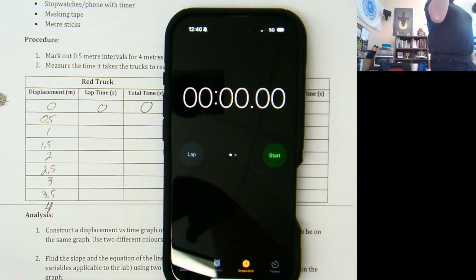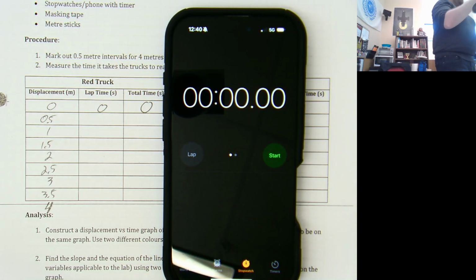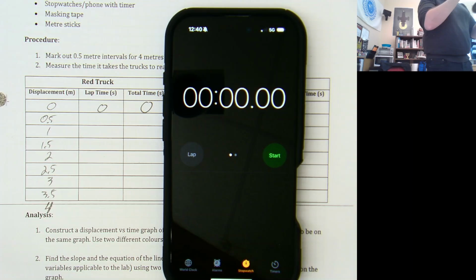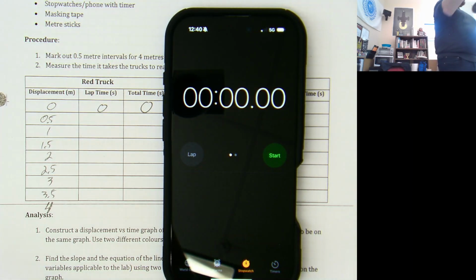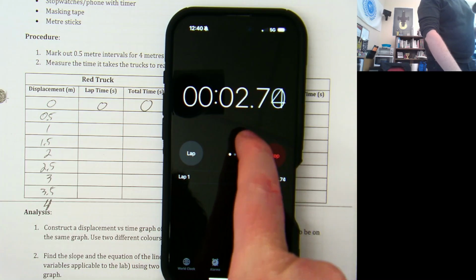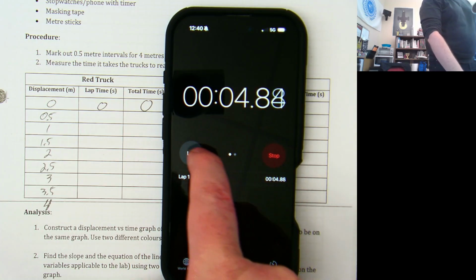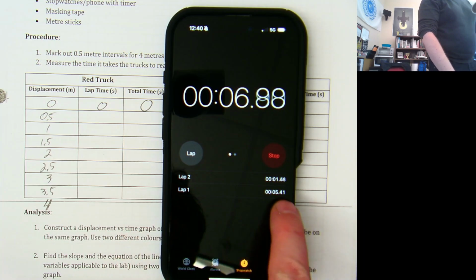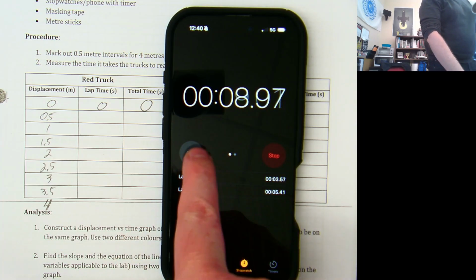Rather than stopping each time to read out and then write the time, because especially for the red truck, it's a little bit quicker as it passes the half-meter marks, you can start your stopwatch, and then as the truck passes one of the pieces of tape, you hit the lap. It'll record the time it took for that first chunk. Then you can hit lap again.